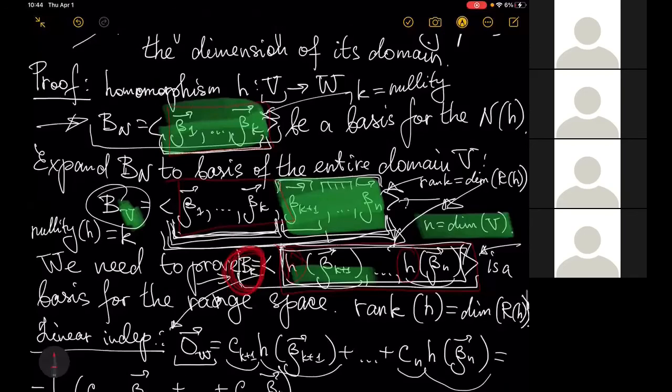So you can find, and I have shown here, a basis of the original vector space such that part of it will be vectors of the null space, and the basis for the range will be this linear map applied to the rest of the vectors of the basis of the original vector space.